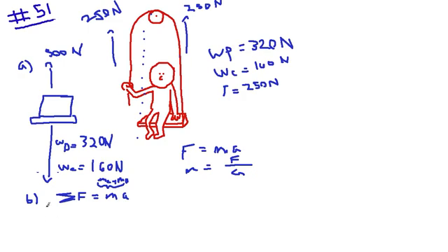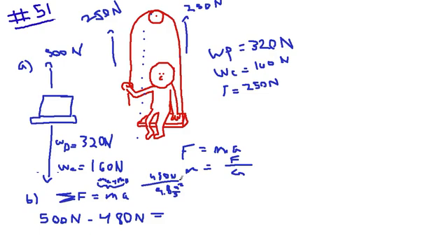Looking at these forces, we have 500 newtons minus 480 newtons, which gives the net force. So we take 480 newtons divided by 9.8 meters per second squared, and that gives the total mass of the chair plus Patrick.